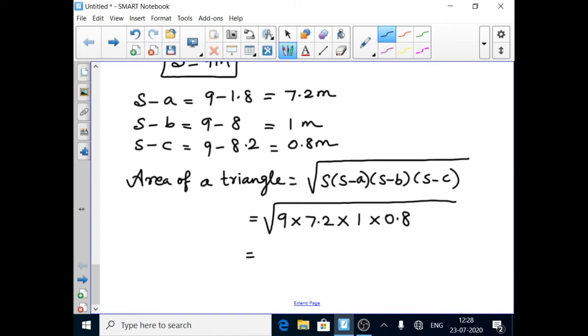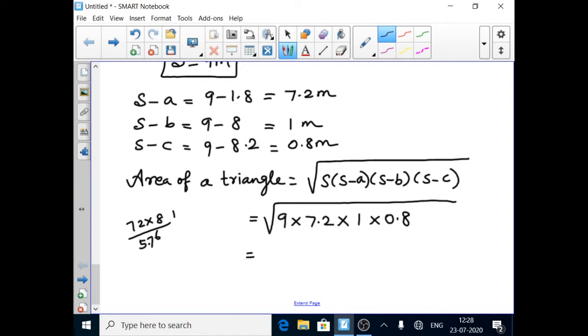Okay, so what do you get? 9 into 7.2, 8 into 7.2 means I can multiply 72 into 8. Okay, 72 into 8 means what do you get? 8 2s are 16, balance 1, 8 7s are 56, 56 plus 1, 57. Okay, so 7.2, 0.8, upper 2 decimals we put the point.